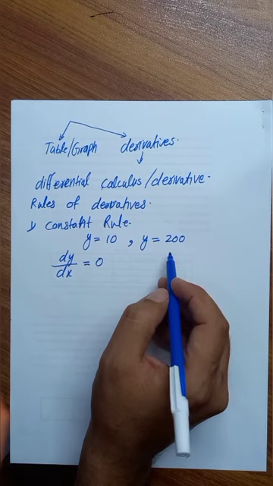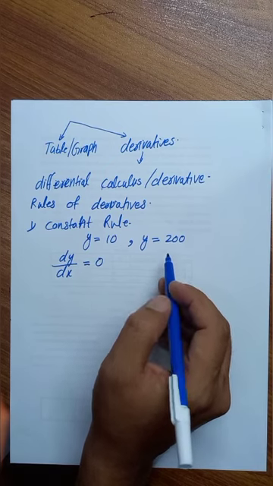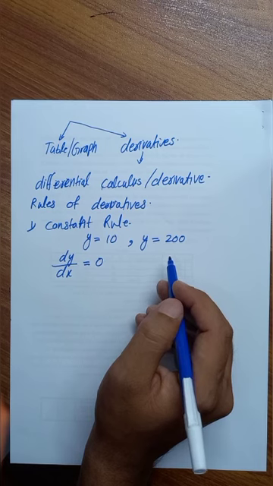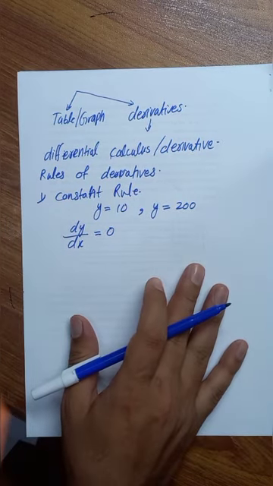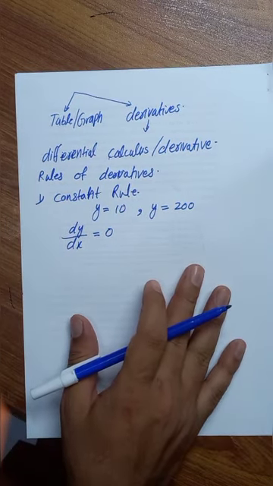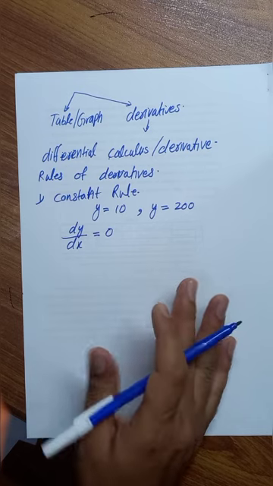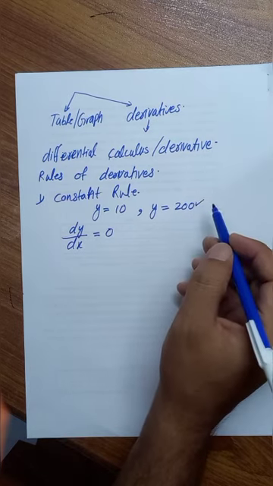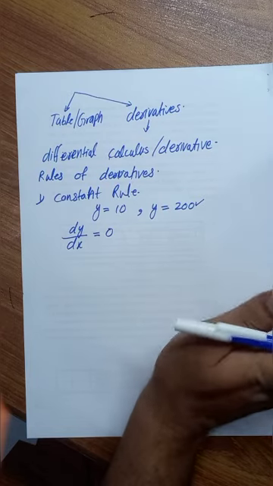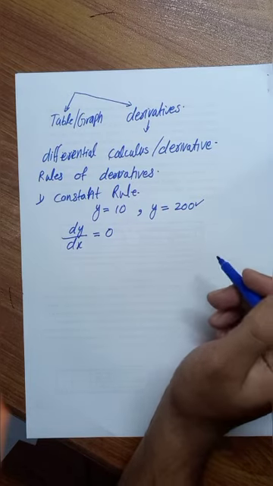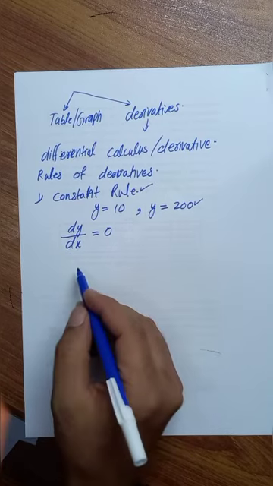When the value is constant, the derivative will be equal to 0, because there is no change in the constant. In a constant value you cannot change, so there is no change. It means 0 change. This is the constant rule.